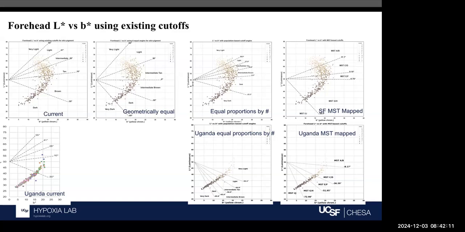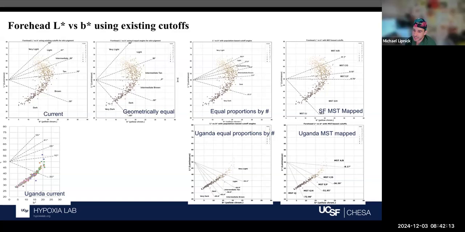Then if we go to the next column here, we looked at our populations and said, what if we break it up into 20% per bin, for example? What would the bins look like, for an even distribution by population? And unsurprisingly, this is what it looks like.